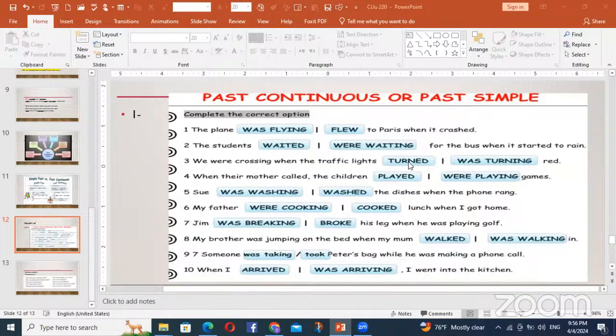Number five. Sue was washing or washed the dishes when the phone rang. Okay.